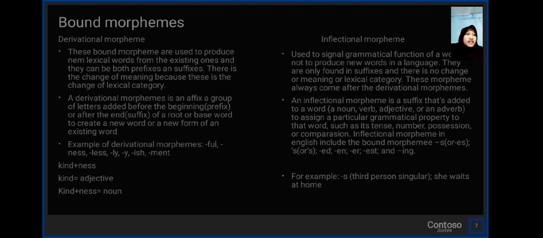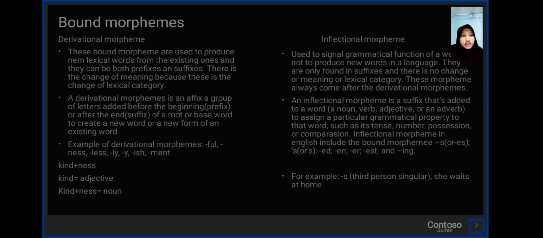to assign a particular grammatical property to that word, such as tense, number, possession, comparison. Inflectional morphemes in English include the bound morphemes s, 's, s, er, est, and ing. For example, s is third person singular. See the example sentence: she waits at home.